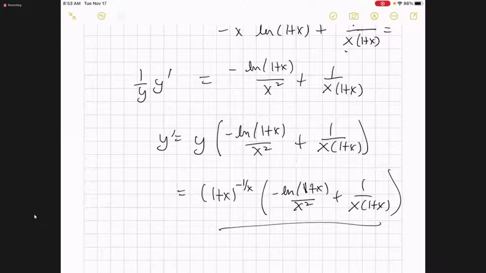What time is it? Time to go, pretty much. Okay, I got 8:53 according to my clock. So I guess I should end class. Stick around if you have a question. I need to look at your homework assignment and make sure I've covered everything that you have problems on.